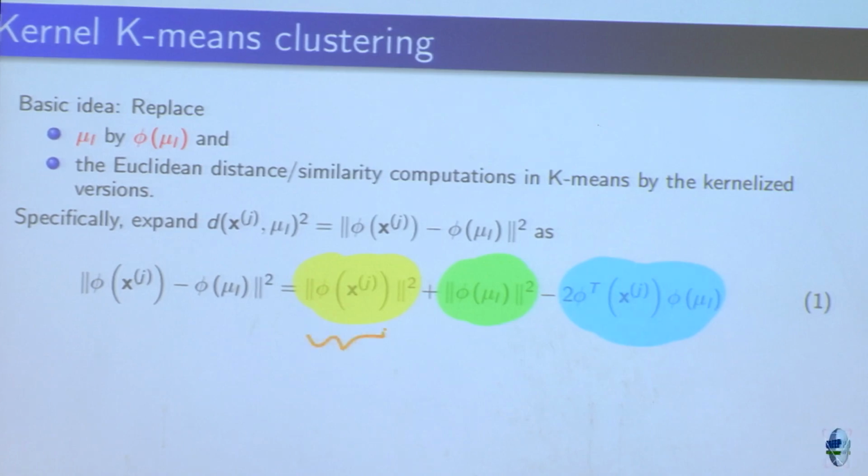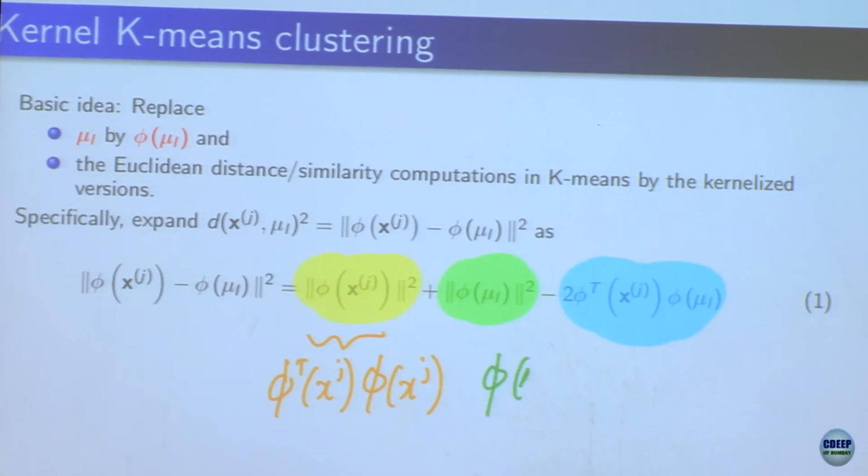What is the first component? So phi xj norm squared is phi xj transpose phi xj.